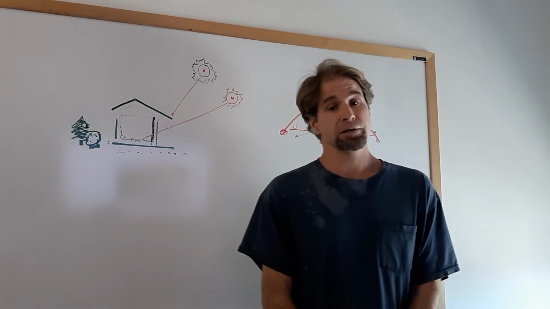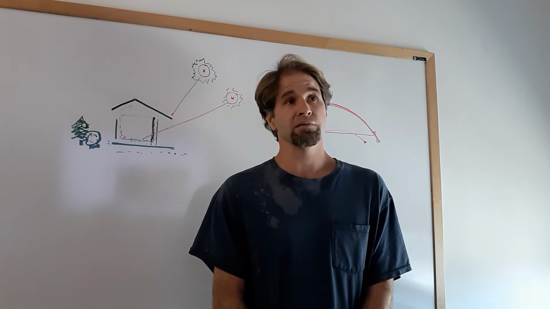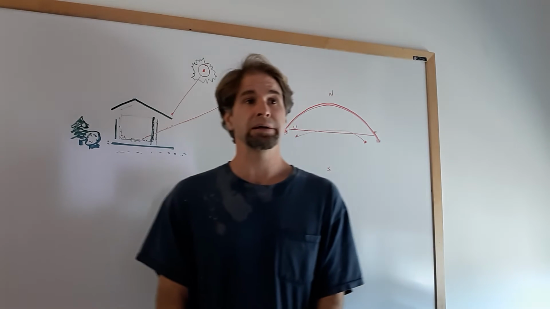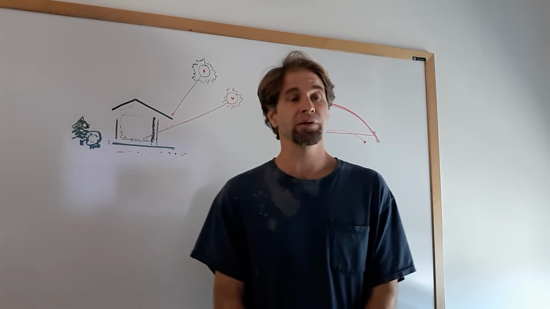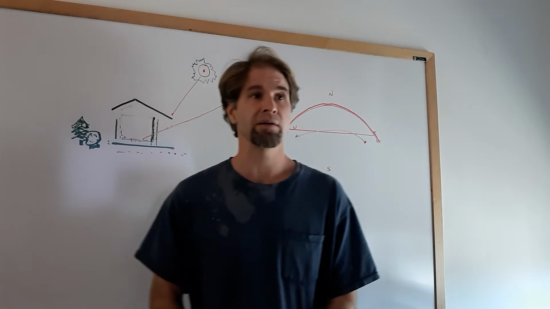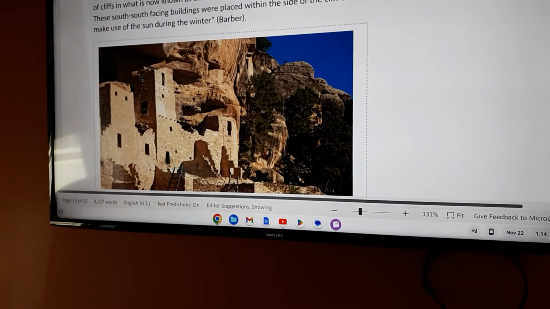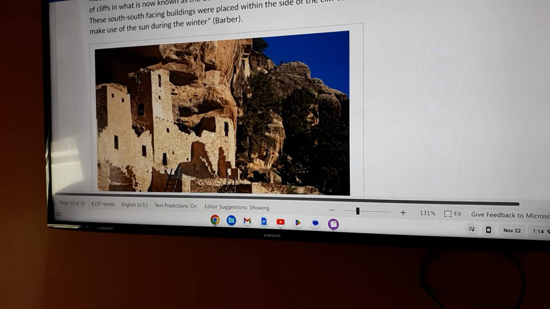So it's interesting how they were able to take advantage of passive solar energy and utilize that within their building structures without having modern materials. This is one of the cliff dwellings that is common in that area of the U.S.